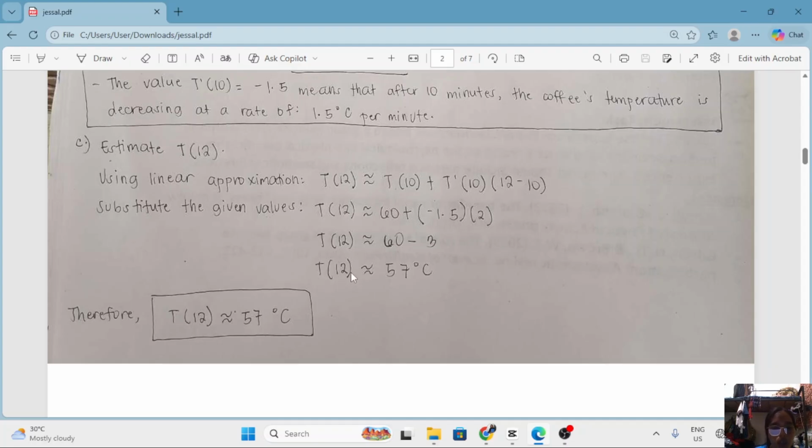So if we solve it, it will be 60 minus 3, and then our T of 12 is equal to 57 degrees Celsius.